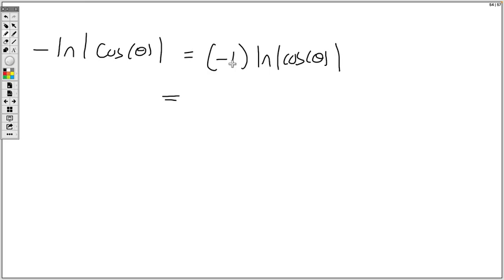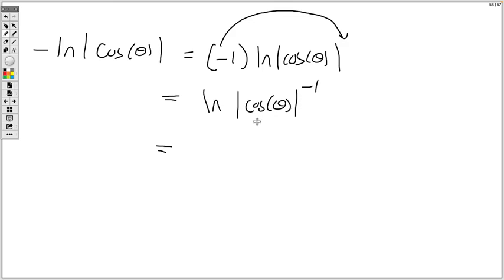Now let's use properties of logs. We can bring that exponent up. And remember, what does the negative 1 exponent mean? It means what? 1 over.